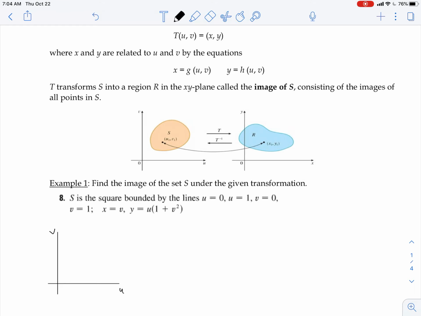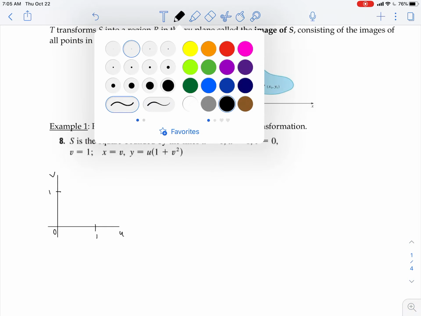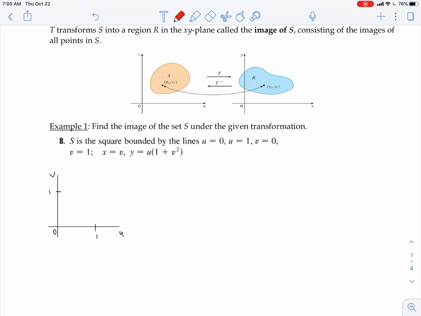Since U comes first, it'll be the horizontal axis, and V will be the vertical axis. U goes from 0 to 1, and so does V. Let's make those equidistant, so that's 1, and that's 1. And so our region is just going to be this square.